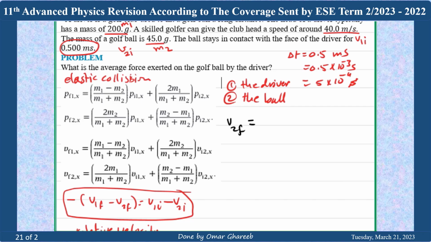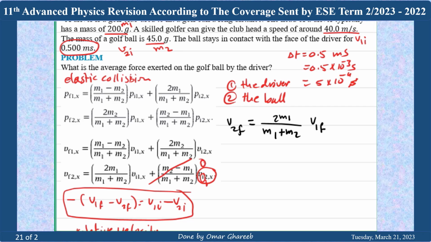This is the last equation in front of you: V2 final equals 2 M1 over M1 plus M2 times V1 initial, plus something. This something is 0. Why? Because it includes the velocity of object 2, the ball, at the beginning, and the ball is stationary, so it is at rest. So this is 0 plus 0.